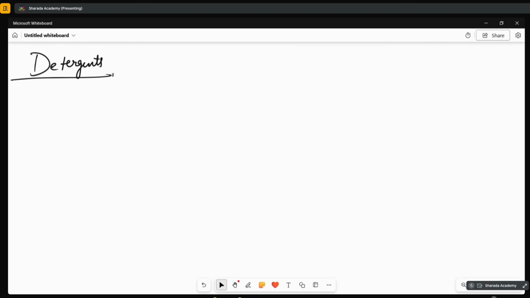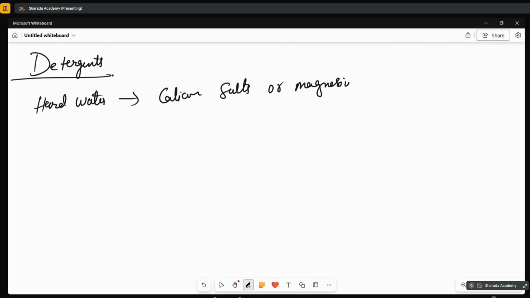How does the calcium salt get into water? You put in the soap, soap contains sodium, which reacts with calcium or magnesium salts. Hard water contains calcium or magnesium salts, from where?